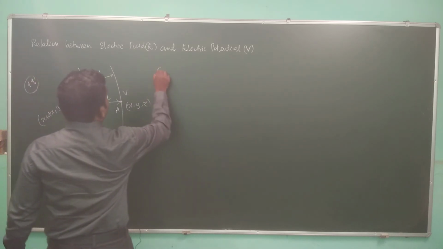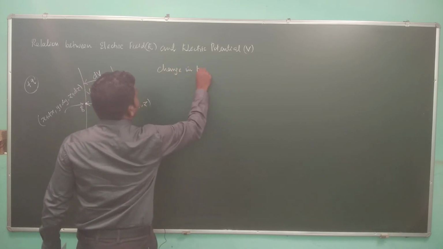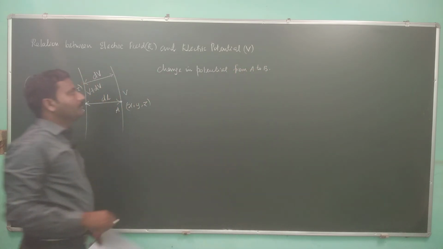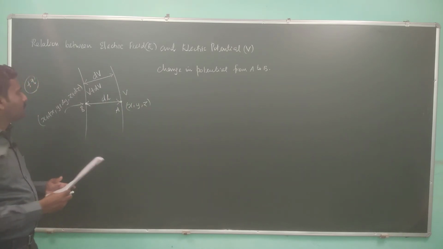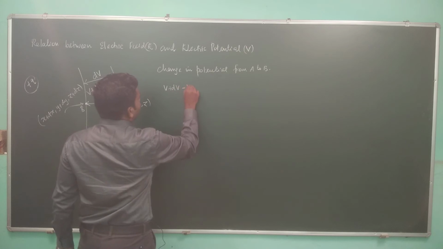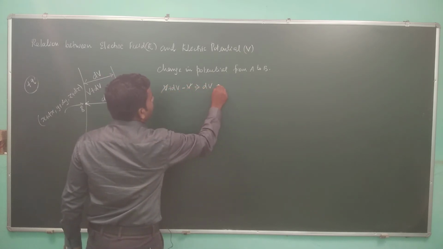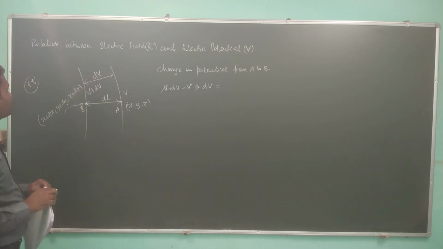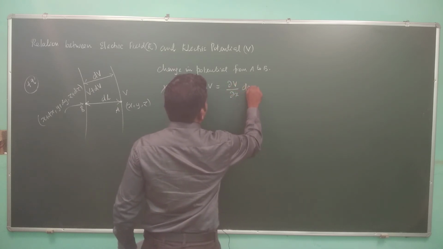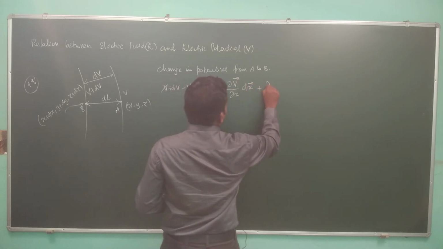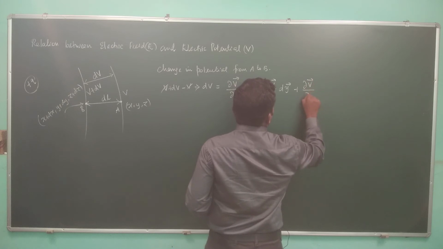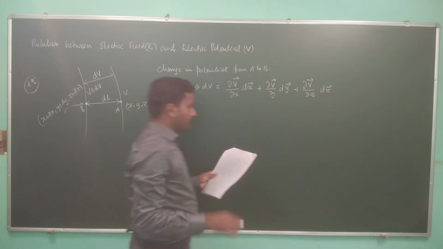Now the change in potential from A to B. If you are moving from A to B, there will be a change in potential, which is the difference between V plus dV and V. So V plus dV minus V becomes dV, that is equal to dou V by dou x into dx plus dou V by dou y into dy plus dou V by dou z into dz.